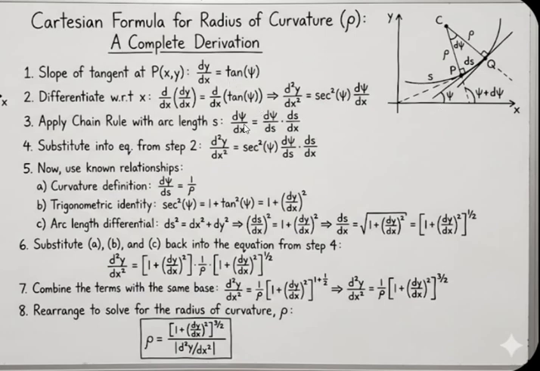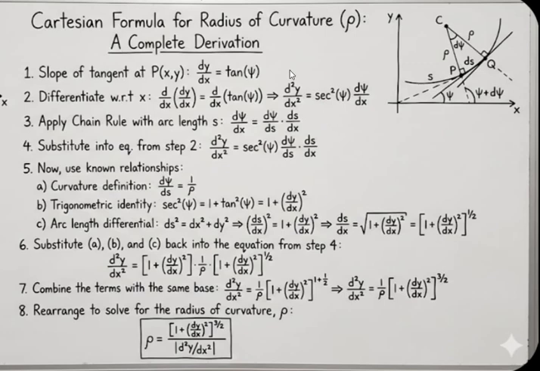With this information, I need to find d psi by ds, where psi is the angle the tangent makes with the x-axis.